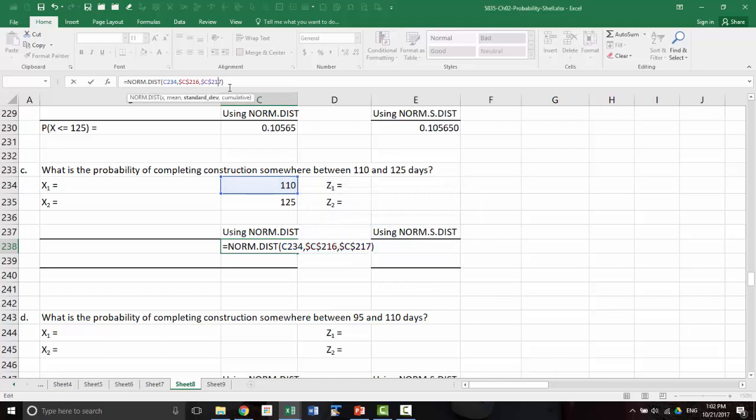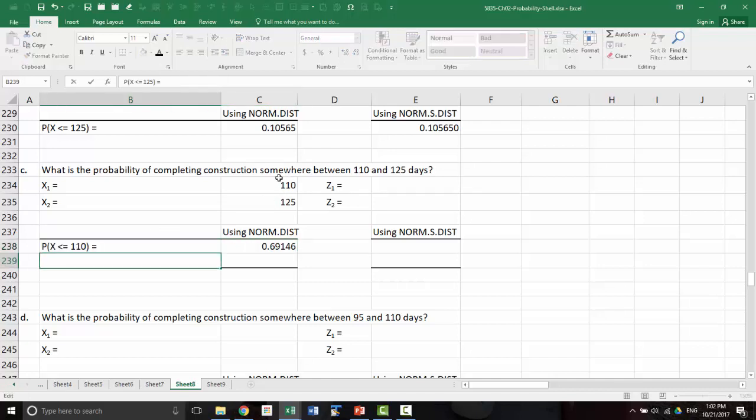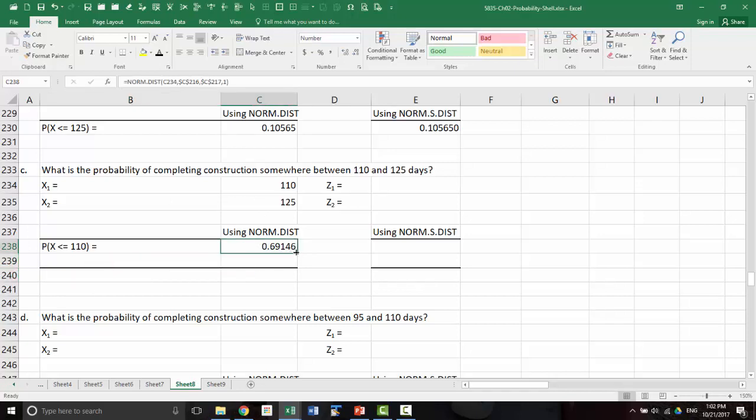I need to specify comma 1. I forgot that. Comma 1. All right, so now that is cumulative probability all the way till 110. Now if I copy that down here, that removes the borderline. So put the borderline there. That gives us the probability of x less than or equal to 125.